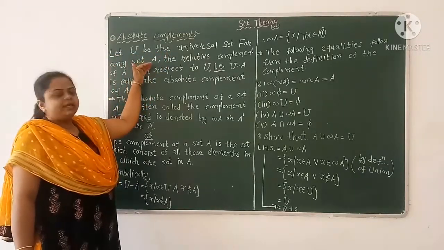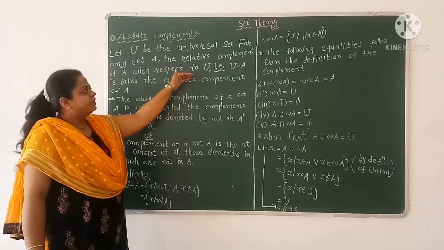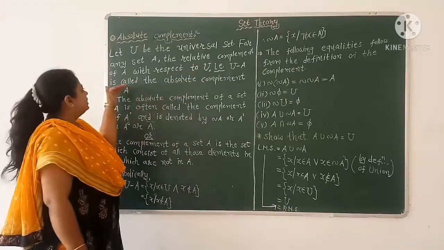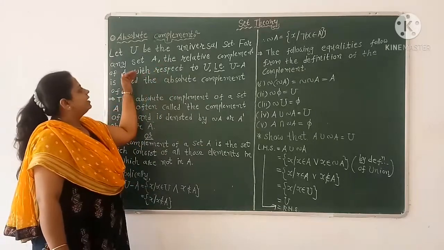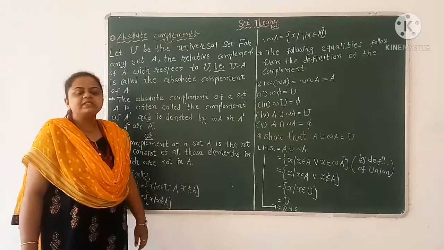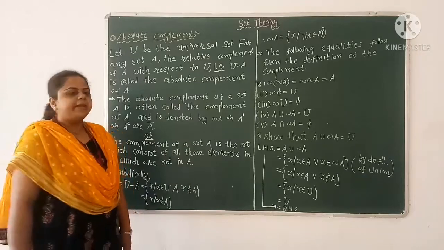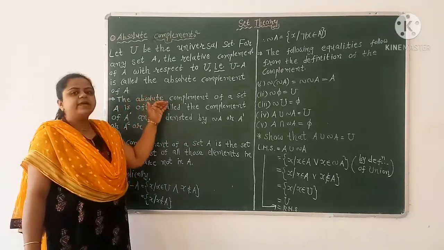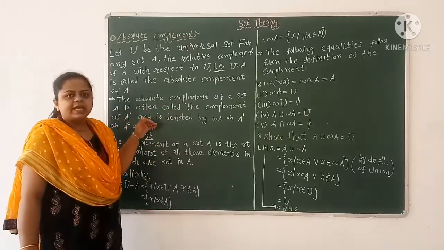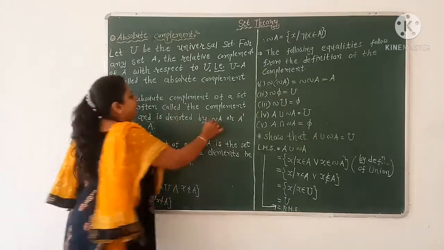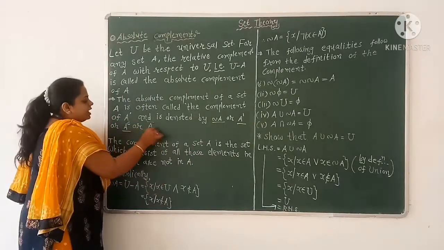For any set A, the relative complement of A with respect to U, that means U minus A, is called the absolute complement of A. That means the set of elements which are in U but not in A. Now, the absolute complement of a set A is often called the complement of A and is denoted by complement of A or A dash or A raised to C or A bar.